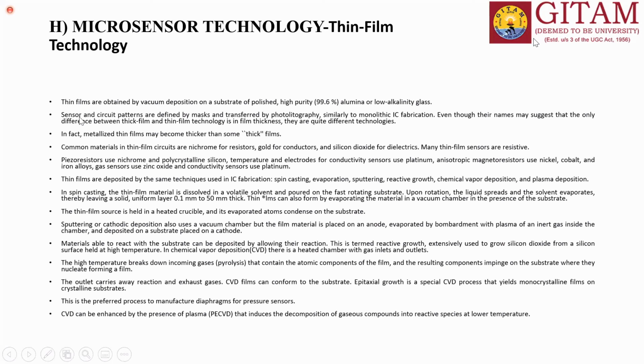Thin films are obtained by vacuum deposition on a substrate of polished high purity alumina or low alkalinity glass. Sensor and circuit patterns are defined by masks and transferred by photolithography, similarly to monolithic IC fabrication.